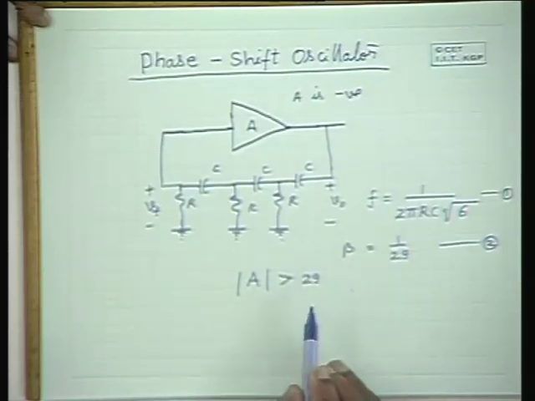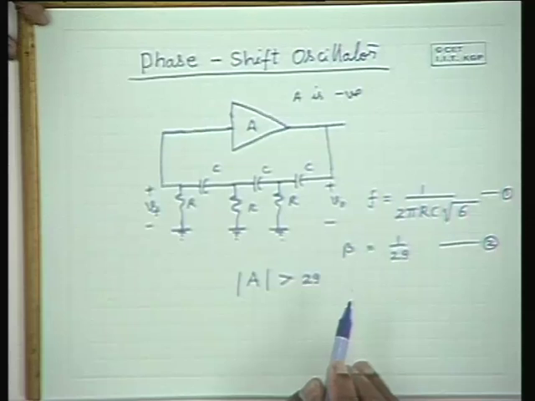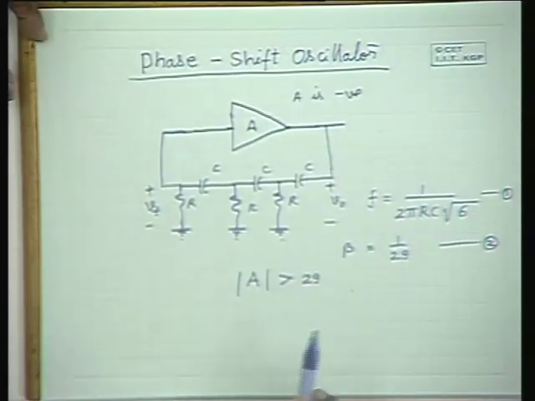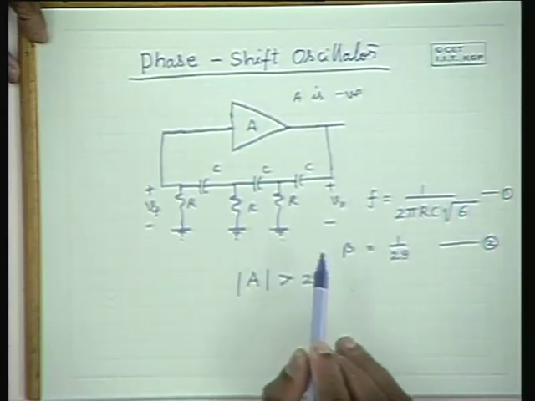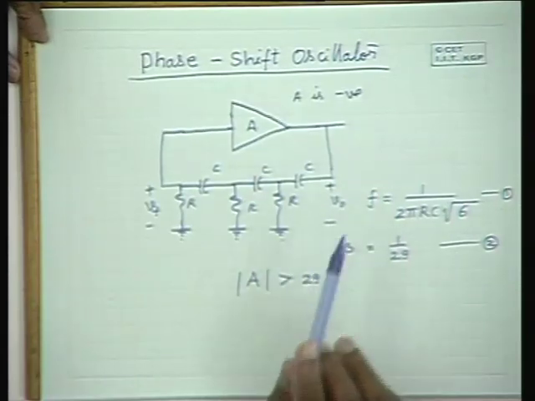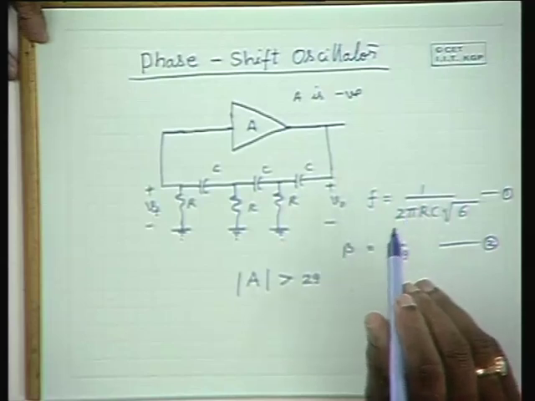If A beta is much larger than 29, significantly larger than 29, maybe 35, 40 or something like that, then please note that the oscillations have to go deeply into the saturation and cutoff. The amplifier has to deeply go into the saturation and cutoff to reduce the gain such that A beta is equal to 1 for sustaining oscillations.